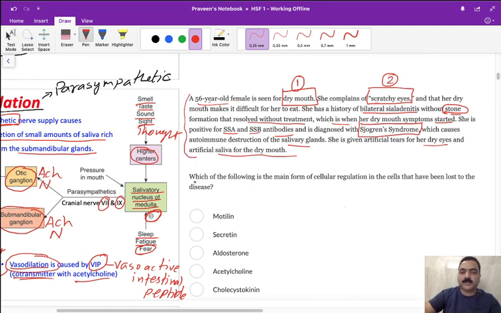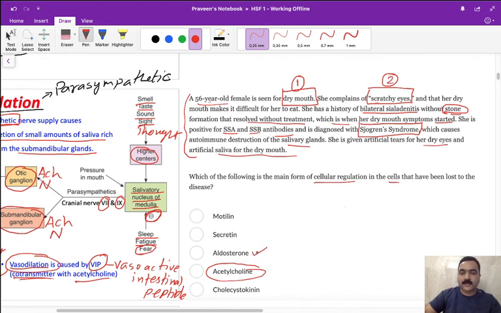Now the question is the physiology part. Which of the following is the main form of cellular regulation in the cells that have been lost to this disease? The cells being lost to this disease are the salivary cells that cause the secretions. So what is the major regulation? Just now we have seen that it is acetylcholine. Remember, we have mentioned aldosterone, right?